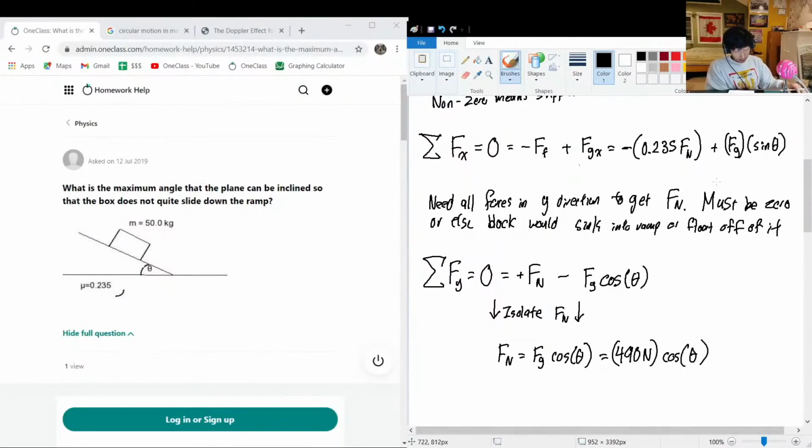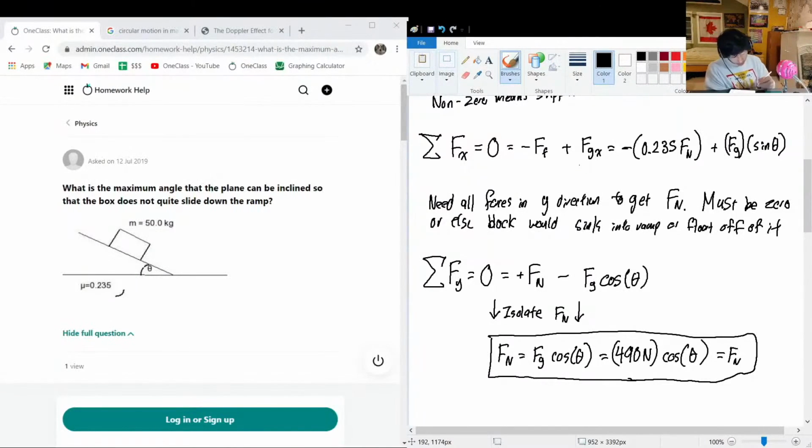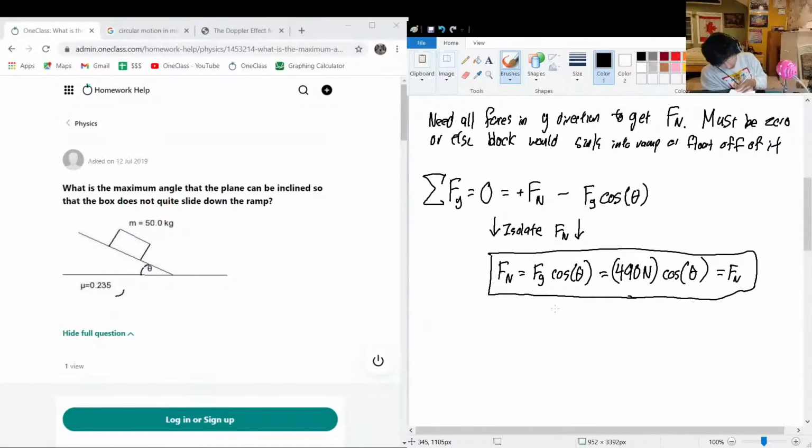Now that we have this relationship for Fn, the normal force, we can sub that into our previous equation, so we'll sub this into our x forces equation.